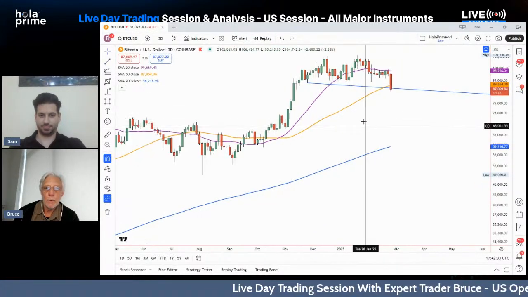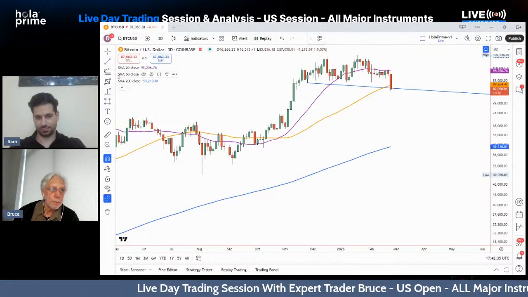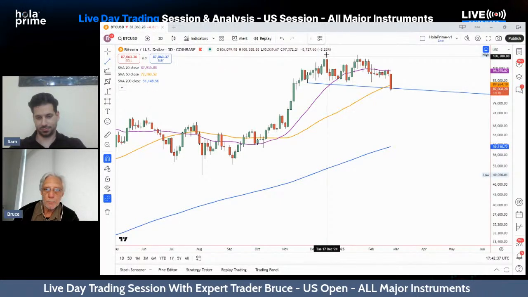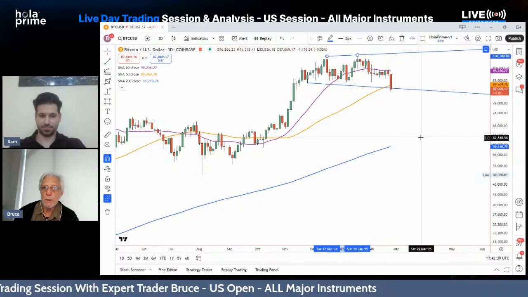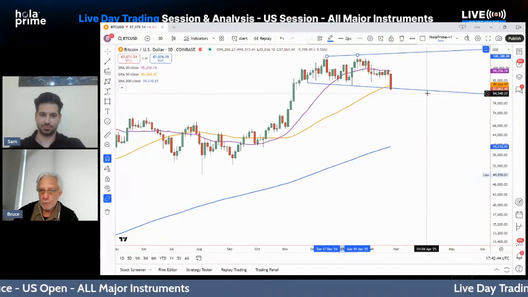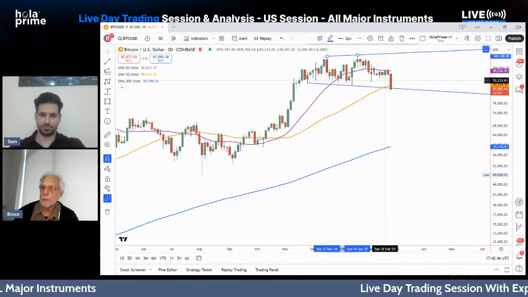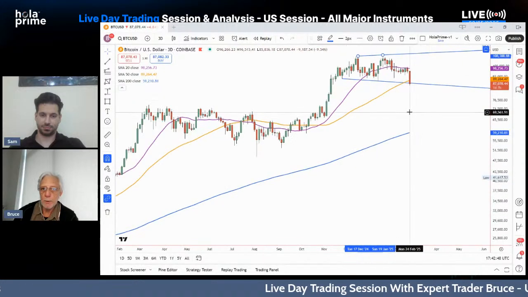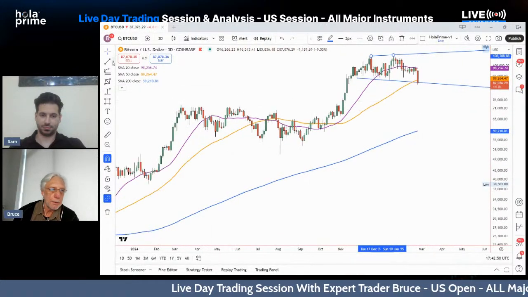Okay, so, and that creates this expanded triangle type pattern as well. Now, since the breakdown is following through below this line, it looks like that this is not going to be a bullish pattern. It's going to be a bearish pattern. Certainly it is so far.